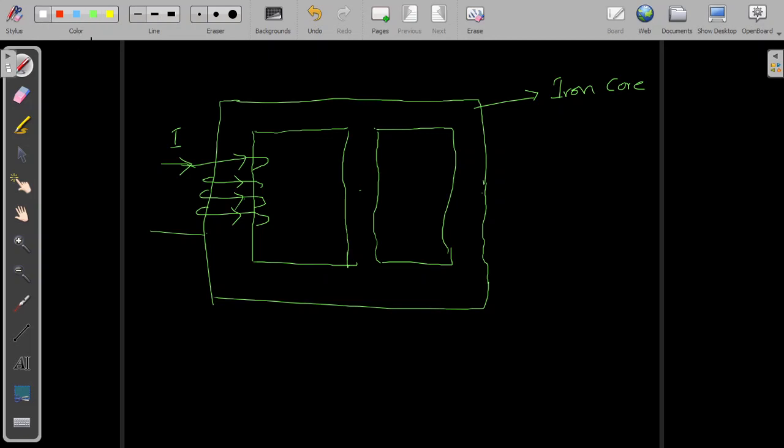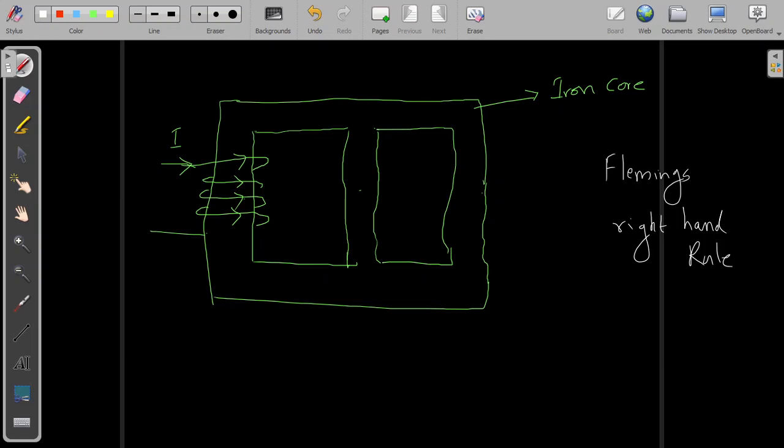Now, according to Fleming's right hand rule, which you have studied in your plus 2 classes, I think. Fleming's right hand rule: consider your right hand, and curl the four fingers other than your thumb.